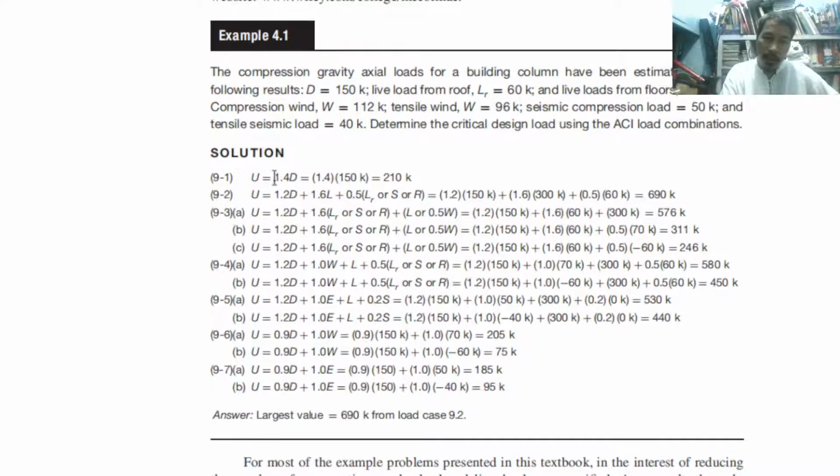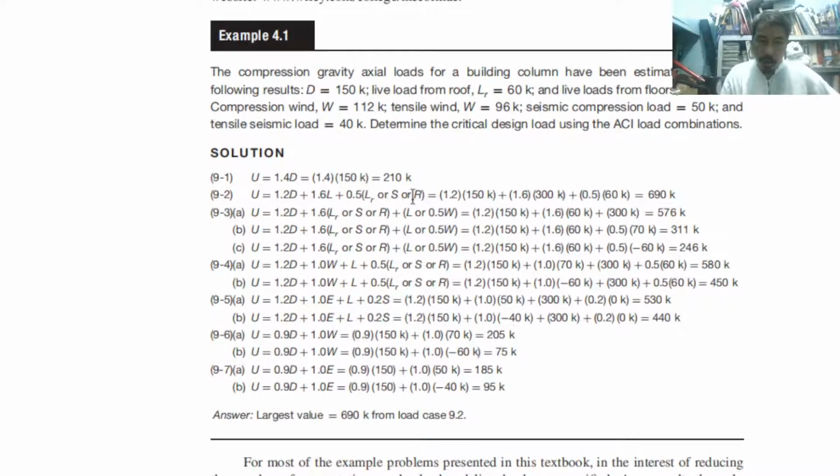Okay. Number 1 formula, dead load alone, that is 1.4 D. So therefore, 1.4 times 150, that is 210. Okay. Formula number 2, dead load times 1.2 plus 1.6 times live load plus 0.5 times roof load or snow load or rain load.